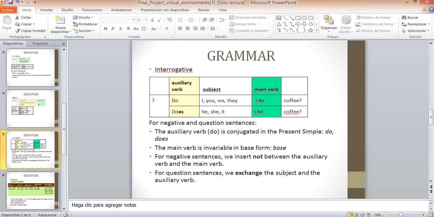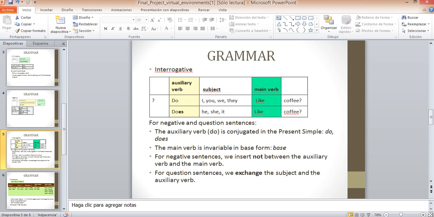This is the order. The interrogative sign, the auxiliary verb, depending on the pronoun. We should put the do or does, and then we put the subject for the do.